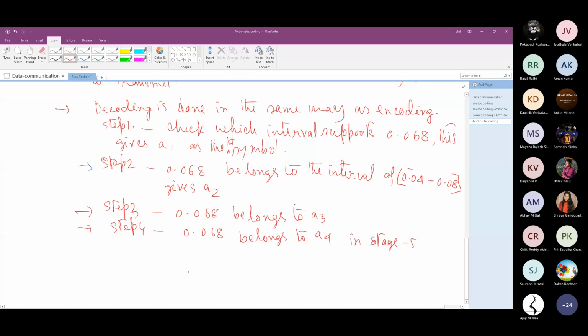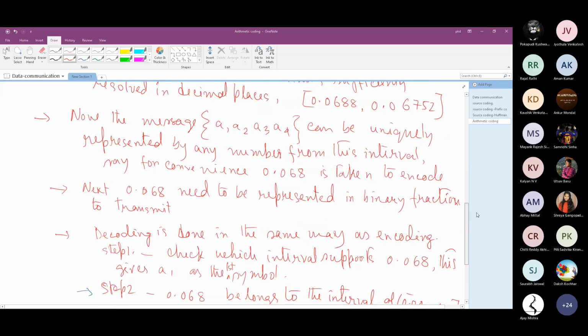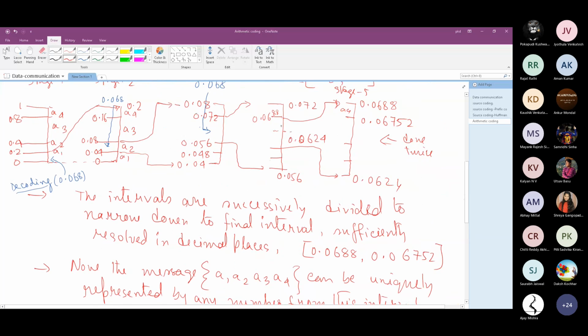Sir, please explain that segregation of probabilities in step 4. Because A3 is double, this interval has to be divided twice. So this is again the A3 interval that has come.